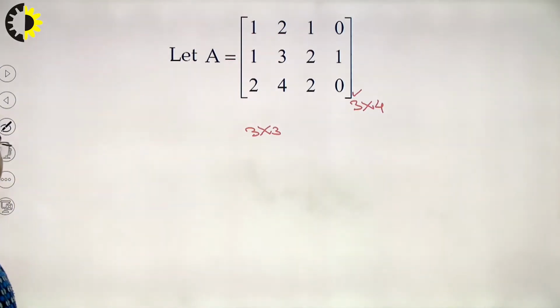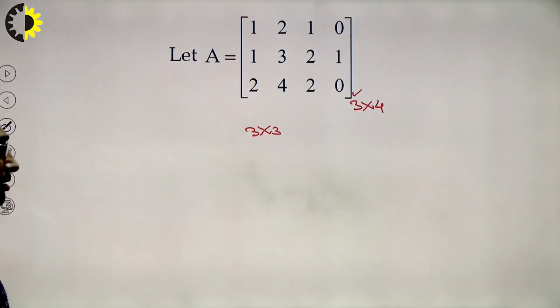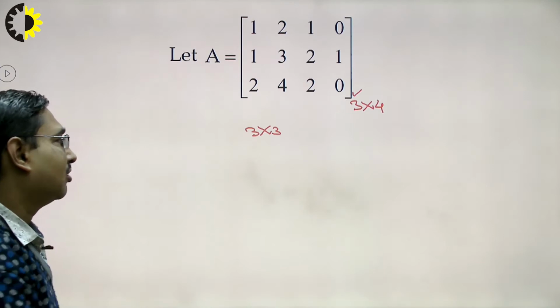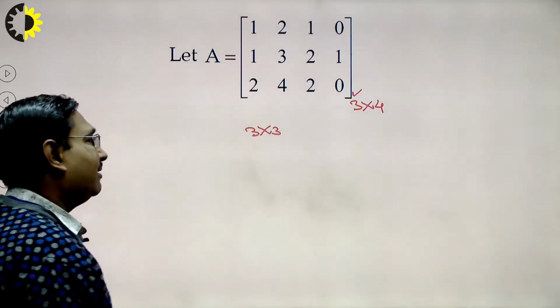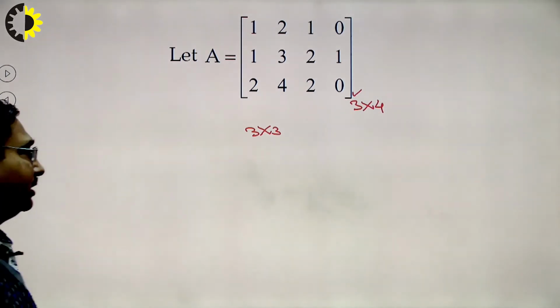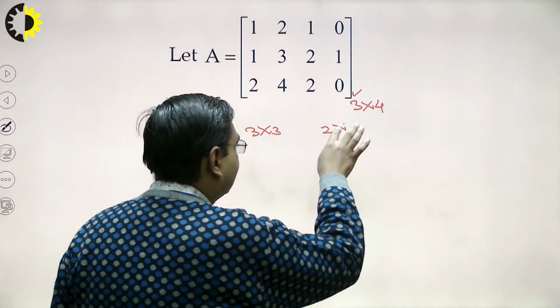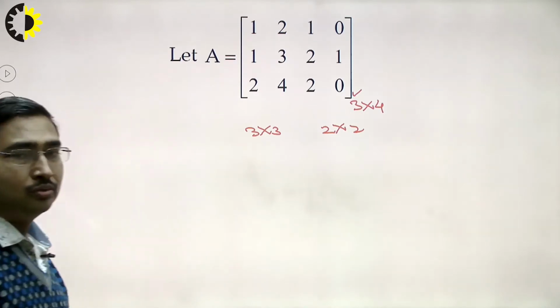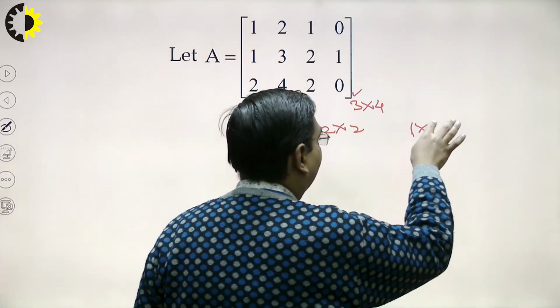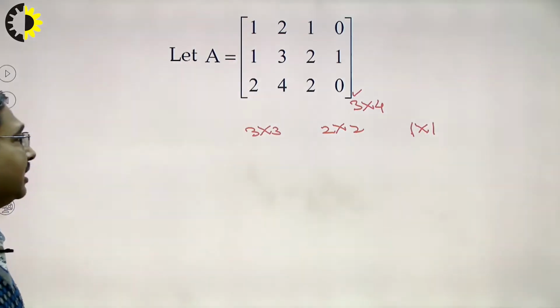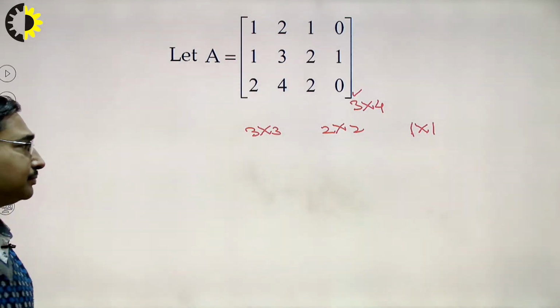Because we are talking about minors, we will consider only square submatrices to find a minor. Some minors will be of order 2 by 2, and we will also have some minors of order 1 by 1, which are single elements.